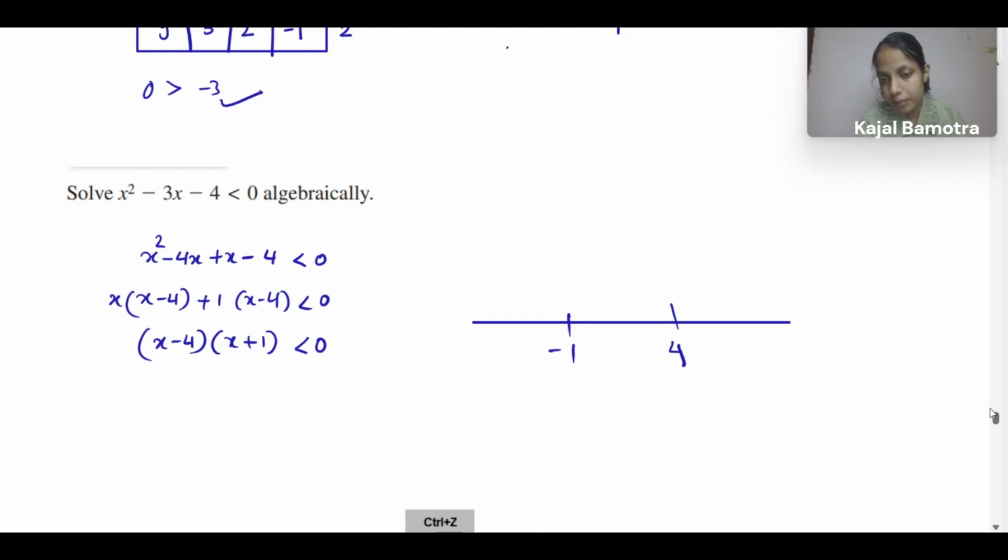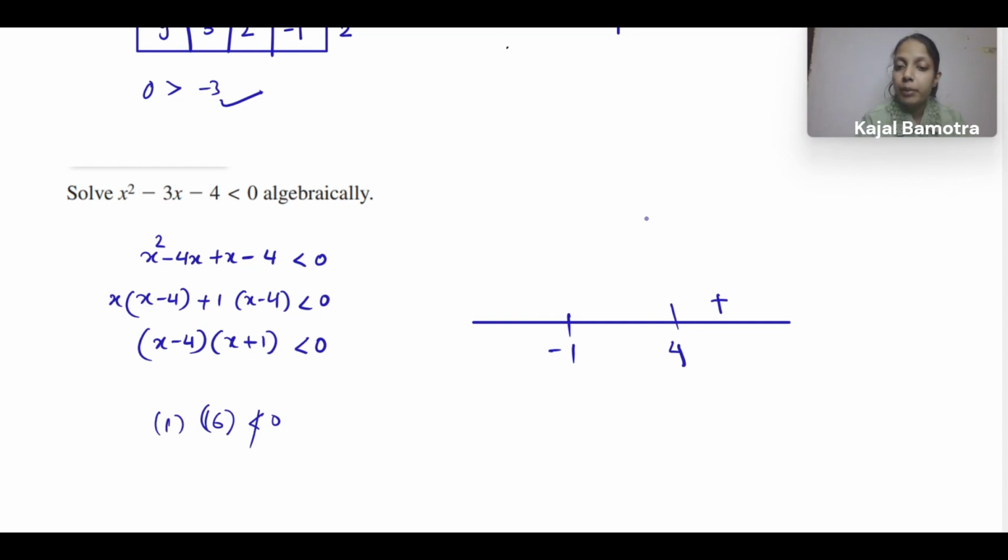So I choose a number greater than 4. Suppose I choose 5. So 5 minus 4 is 1, 5 plus 1 is 6. Is it less than 0? No. So this part is positive.